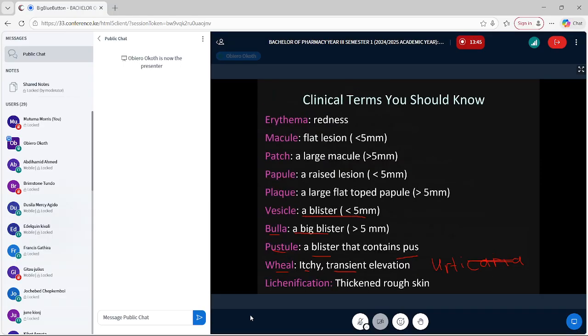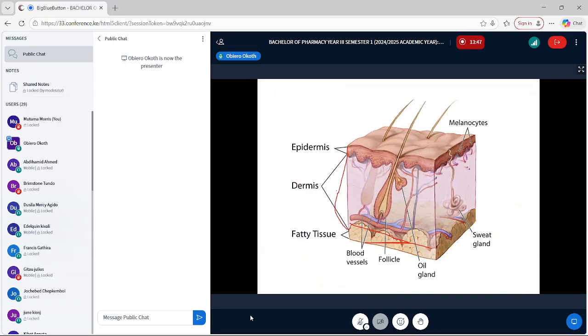You remember these are the sebaceous glands. This is where the sebum comes from. What happens is that it is blocked here, so the sebaceous material that comes out accumulates here.